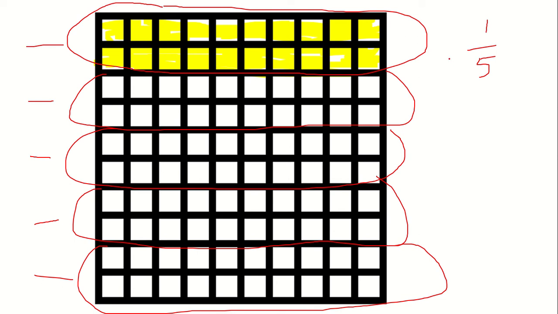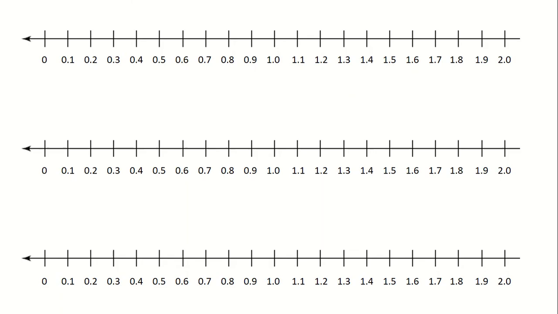But I can also call it 2/10. That would be if I took one of these strips as a tenth. I have 2 of these strips, that would be 2/10. Or of course I could do it the way I did it when I started, and that would be there are 20 of these little pieces out of 100 altogether. So these are all equivalent. They have the same value.